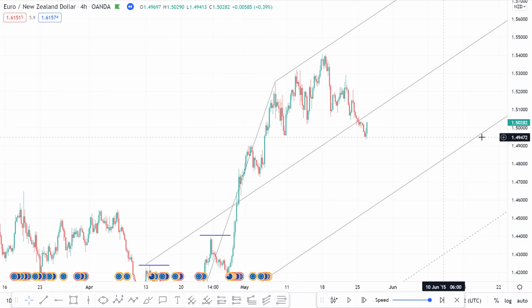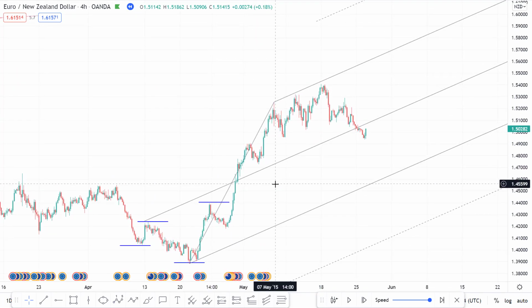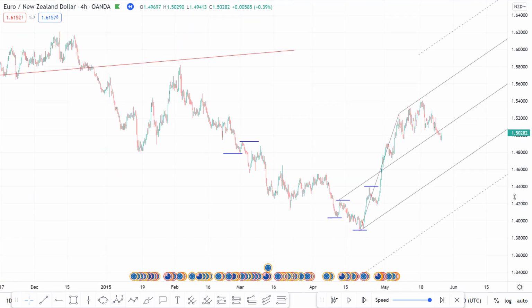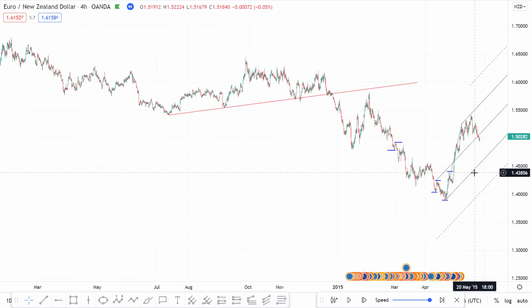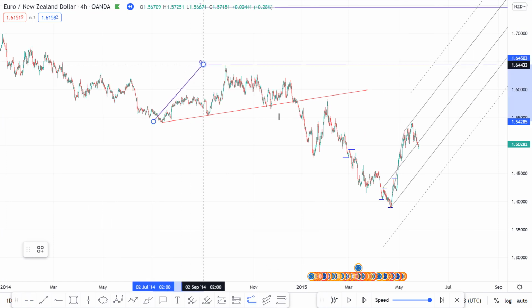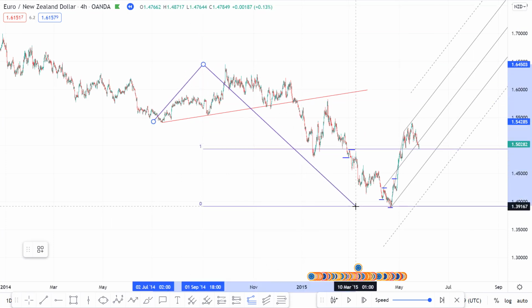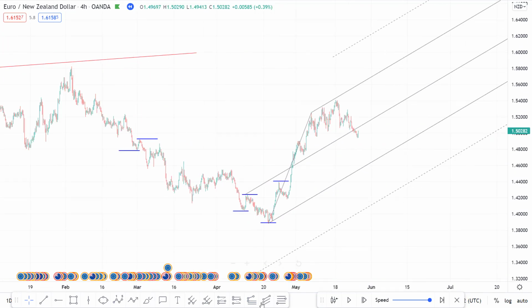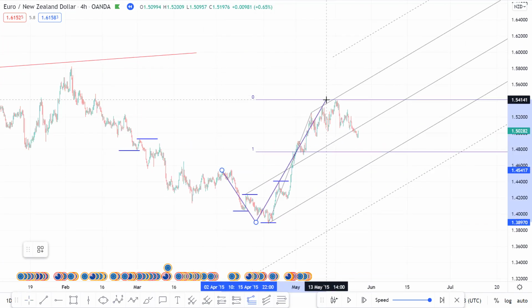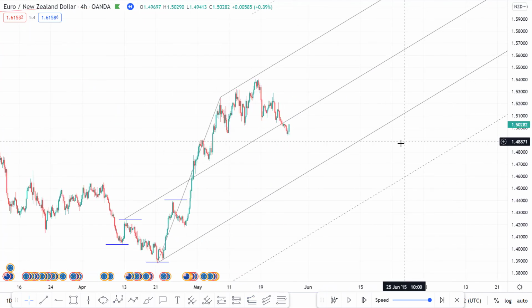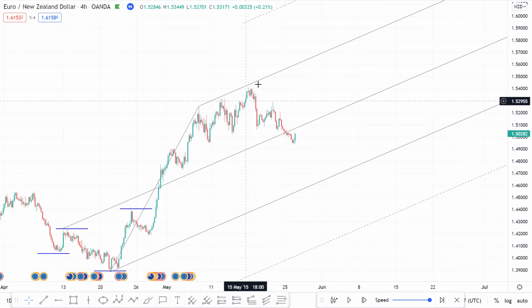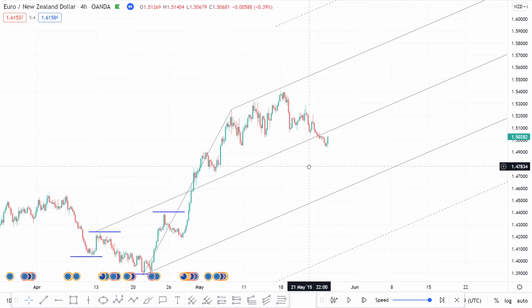Right, I'm going to take the LSB measurement off now. Let's just have a little look. So I still think that we are in this uptrend here, although recent price action is selling off a bit now.